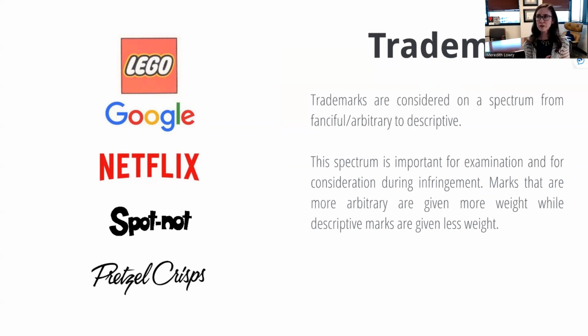The trademark office also looks to make sure that the mark itself functions as a trademark. So is it functional? Are we trying to file for something that everybody in the world should have a right to use because of that functionality piece?